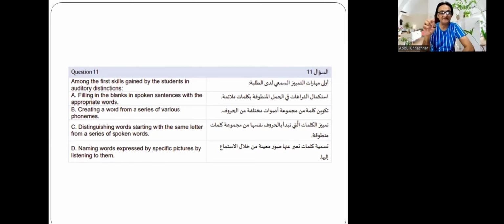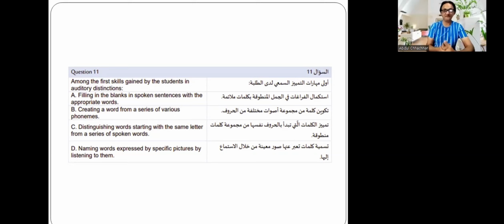Creating a word from a series of various phenomena is removed as there is no auditory element. Option C: distinguishing words starting with the same letter from a series of spoken words. That makes sense. Option D: naming words expressed by a specific picture by listening to them.